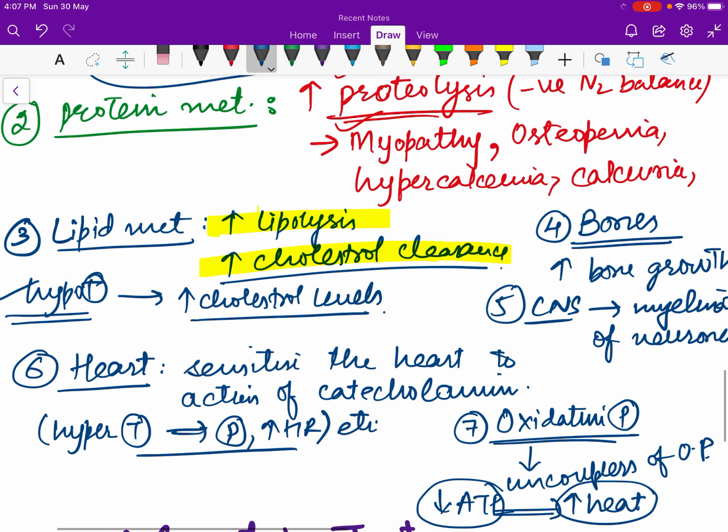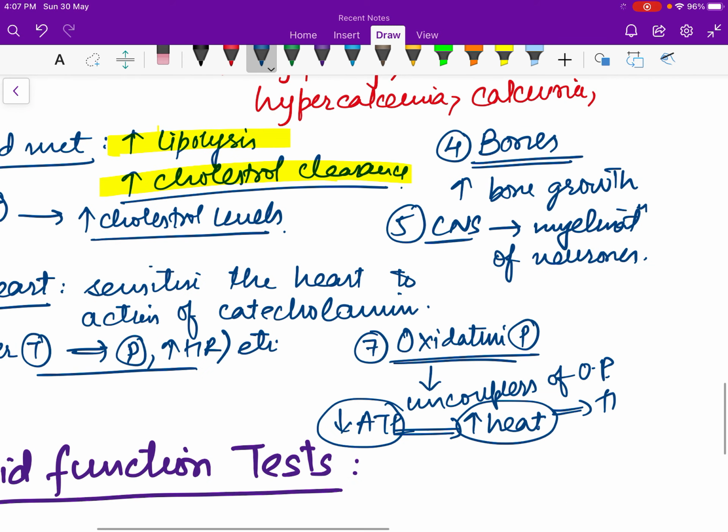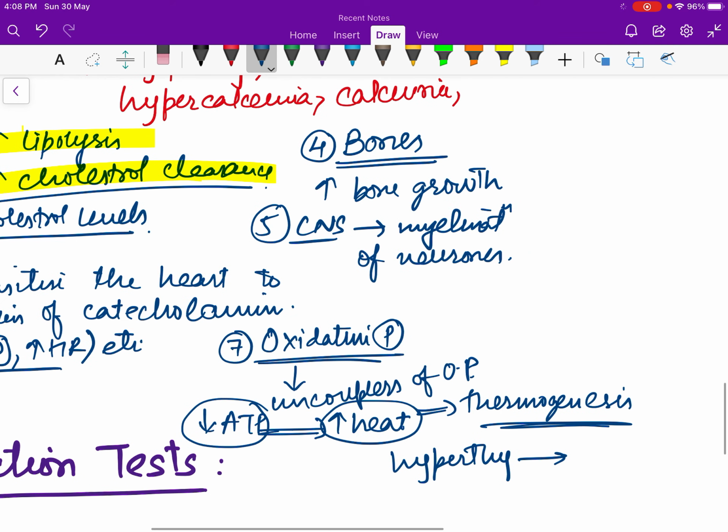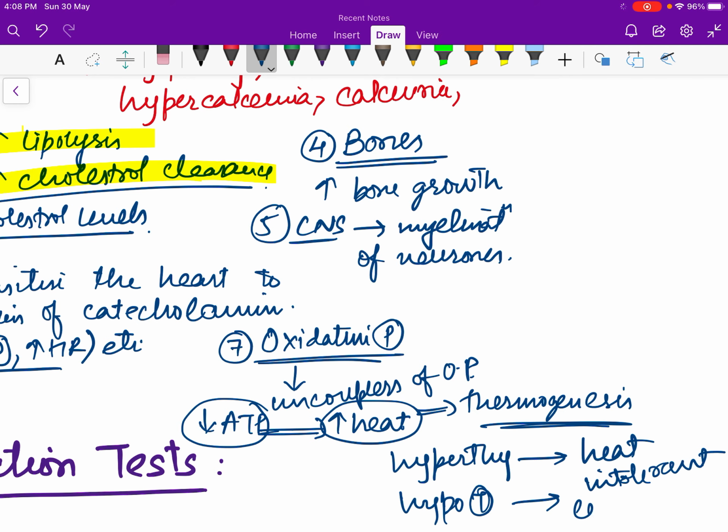Okay, so this will result in what is called thermogenesis. This is the reason why a patient of hyperthyroidism will be intolerant to heat, and why a patient of hypothyroidism will be intolerant to cold. Okay, this is the reason.